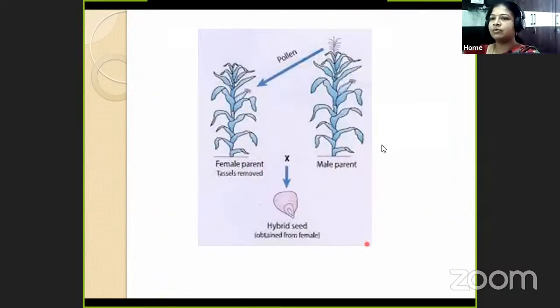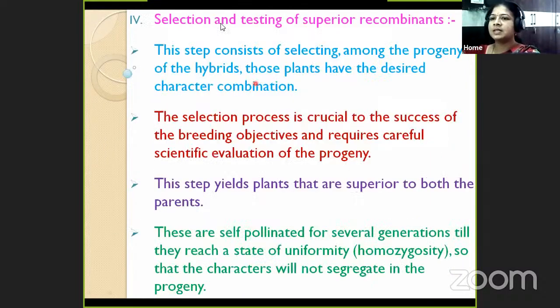Next, coming to the fourth step, that is selection and testing of superior recombinants. This step consists of selecting among the progeny of the hybrid. Due to cross hybridization, hybrids are formed with desirable characters.